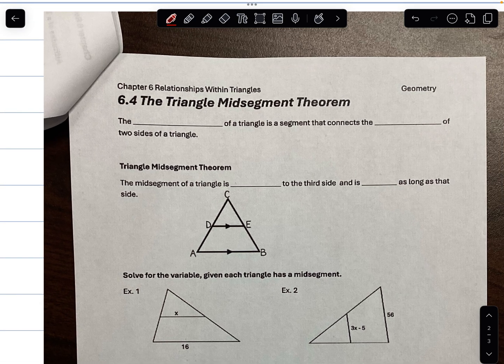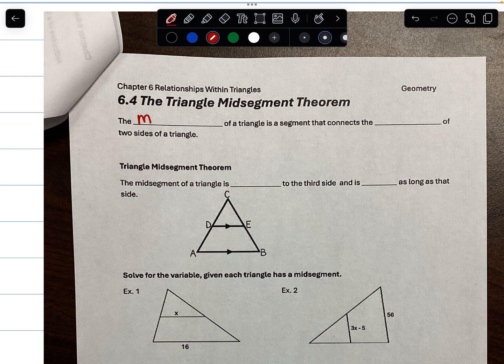So the midsegment of a triangle is a segment that contains the midpoints of two sides of a triangle.